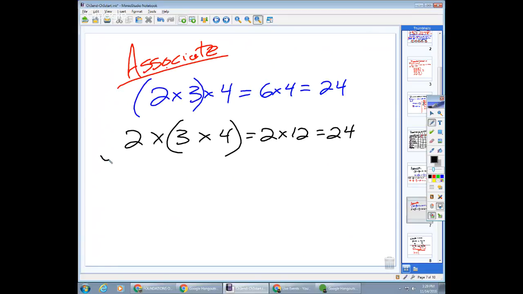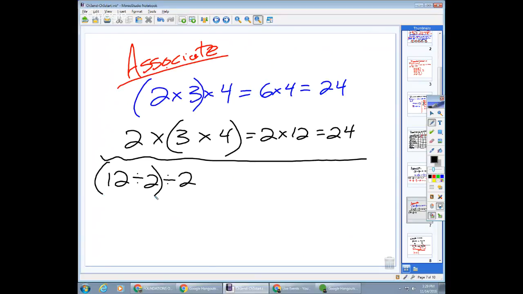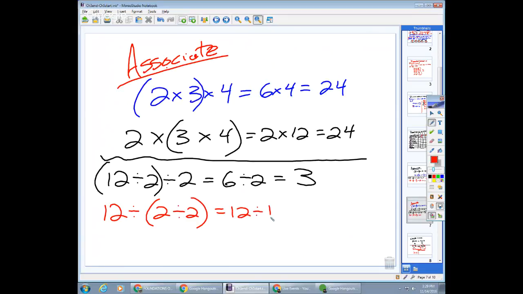So if we check division while we're here, let's try 12 divided by 2 divided by 2, for example. Natural order of operations is this one, which gives me 6 divided by 2, which is 3. Versus 12 divided by parentheses 2 divided by 2. Uh-oh, 2 divided by 2 is 1, and dividing by 1 is kind of boring.